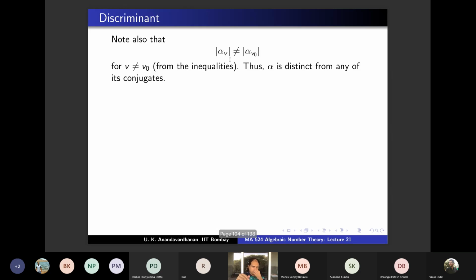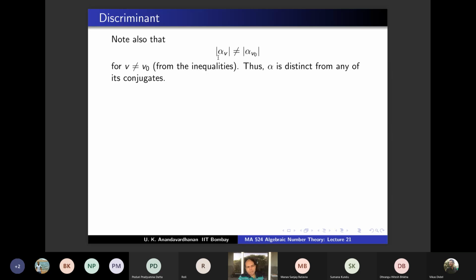And from this, it follows that alpha is distinct from any other conjugate. Because any other conjugate, sigma, is some other embedding, and on some other embedding already the absolute values are different, and therefore you conclude that alpha is not any other conjugate of it.